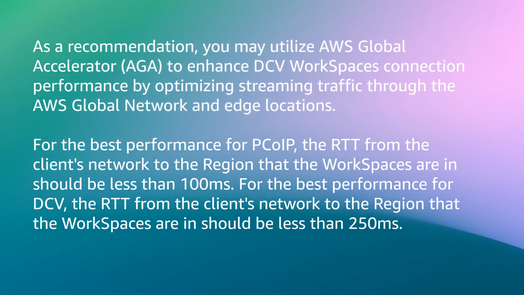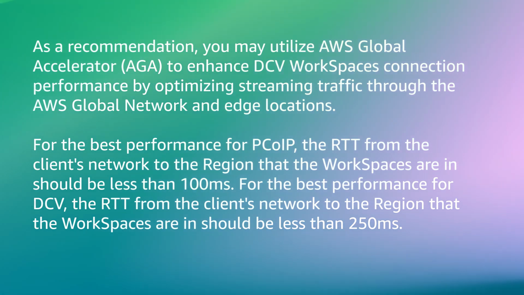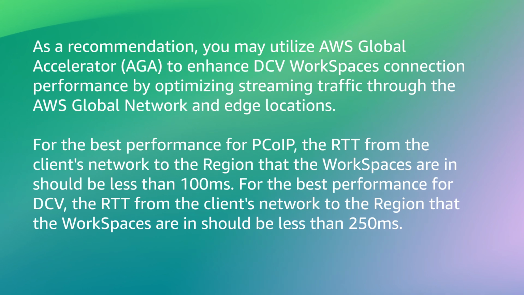As a recommendation, you may utilize AWS Global Accelerator to enhance DCV WorkSpaces connection performance by optimizing streaming traffic through the AWS Global Network and edge locations. For the best performance for PCoIP, the RTT from the client's network to the region that the WorkSpaces are in should be less than 100 milliseconds.